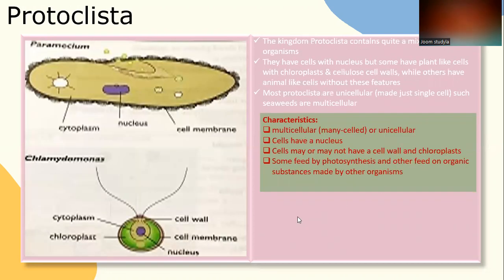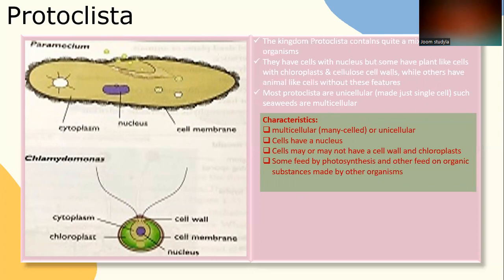Okay, Protoctista. The kingdom Protoctista contains quite a mixture of organisms. They have cells with a nucleus, but some have plant-like cells with chloroplasts and cellulose cell walls, while others have animal-like cells without these features. Most Protoctista are unicellular, which means a single cell, but some, such as seaweeds, are multicellular.